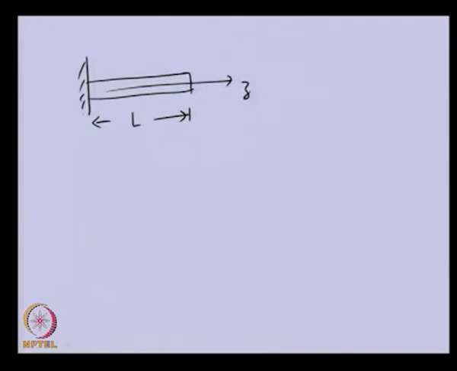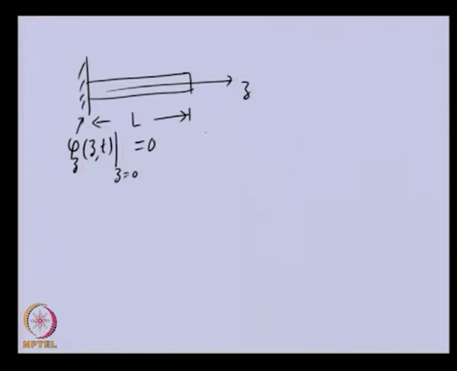In this particular case, you can see that at the fixed end, the boundary condition is that the displacement, which is a function of time and z, at z is equal to 0, is 0 at this fixed end.